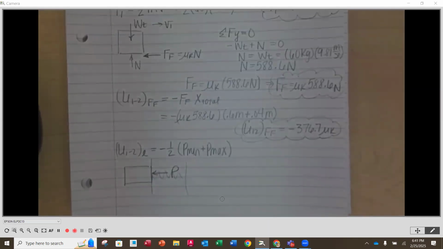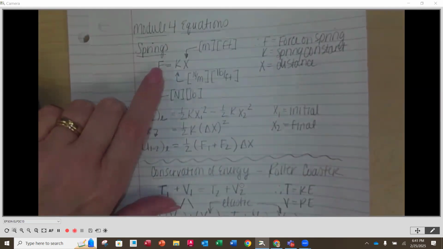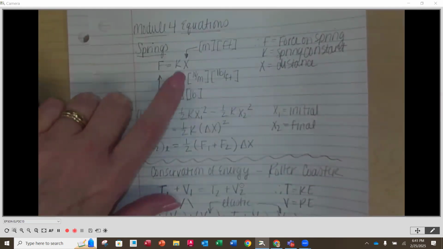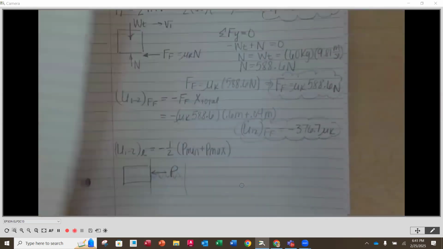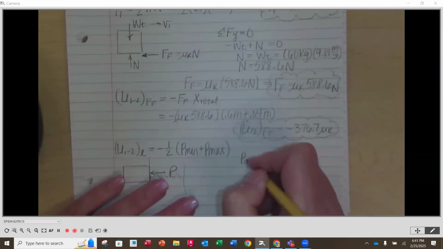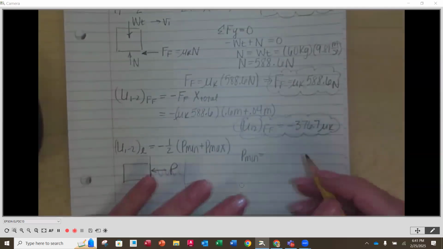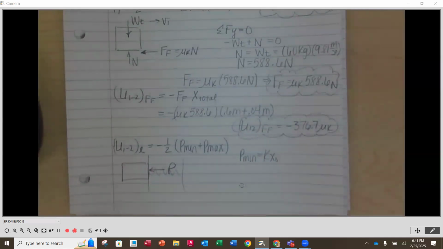Now, P min and P max are forces. So instead of using F, we're going to use P. It's going to be equal to K, the spring constant, times the distance. So P min, let's look at that one first. P min is going to be equal to K times the original compressed length.